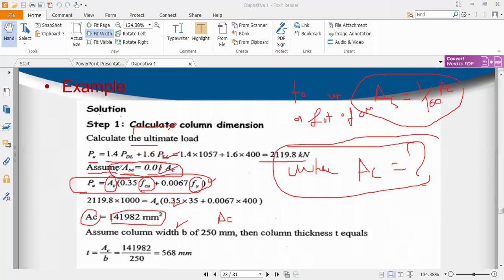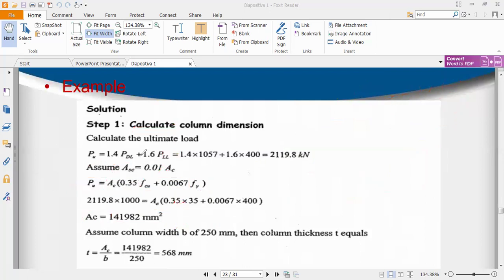And Asma, 0.35 is given in the equation. It is part of the equation, it's not an assumption. Don't change these equations. Yeah, it's part of the equation.